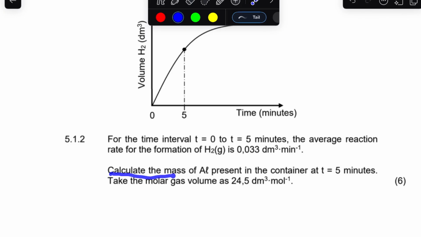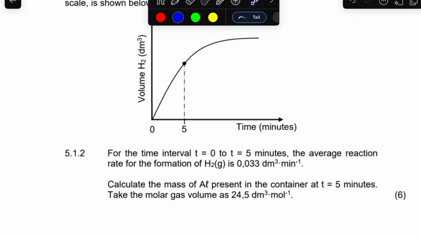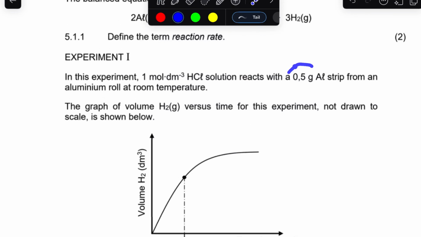Now the question says, calculate the mass of aluminium present in the container at T5, right, guys? From this amount, this is the amount that reacts. But at 5 minutes, there's still an amount there. Remember, the reaction is not complete, and this aluminium has not been used up completely.